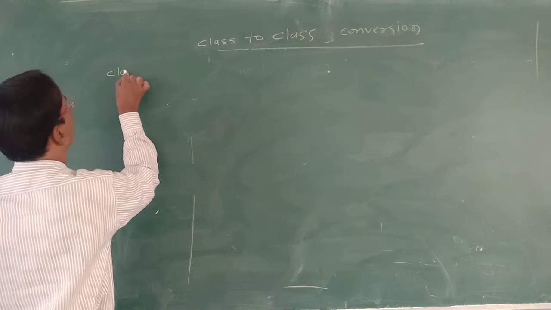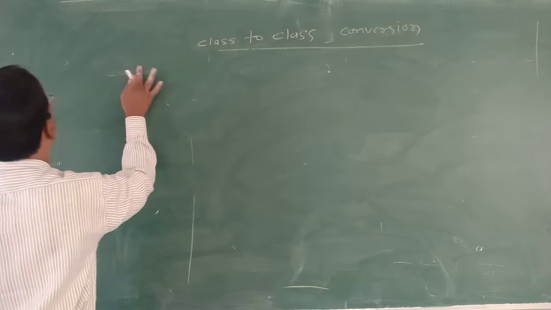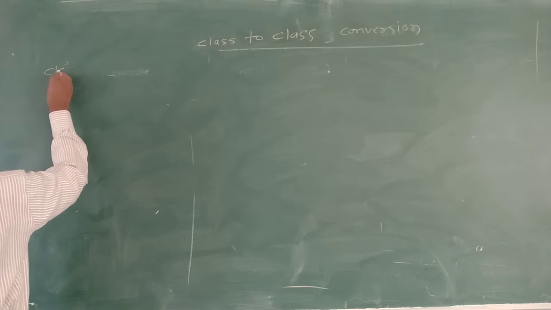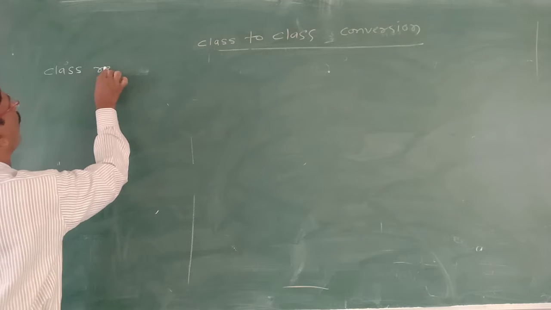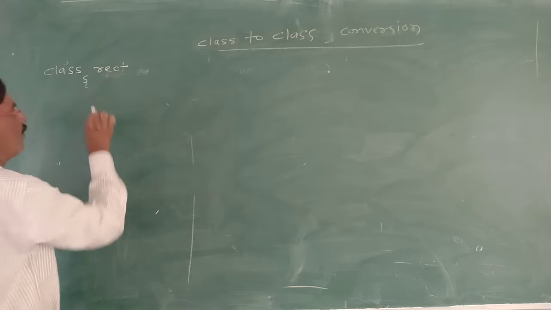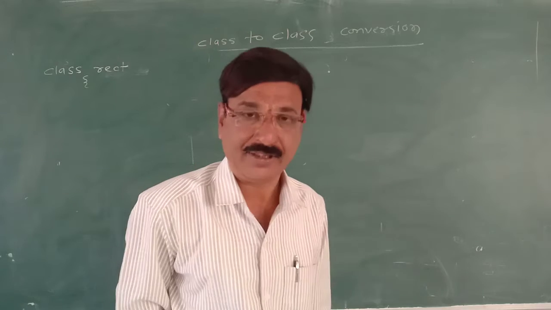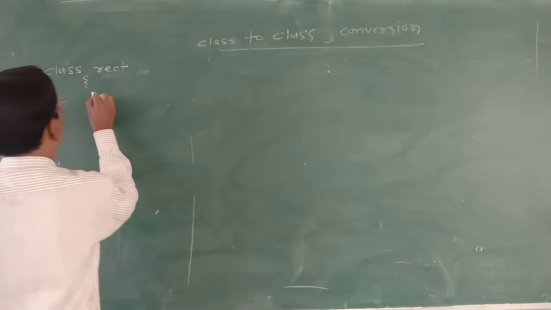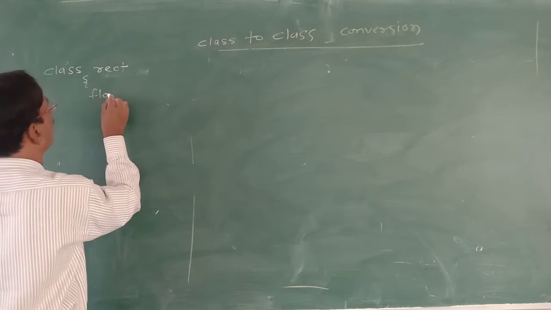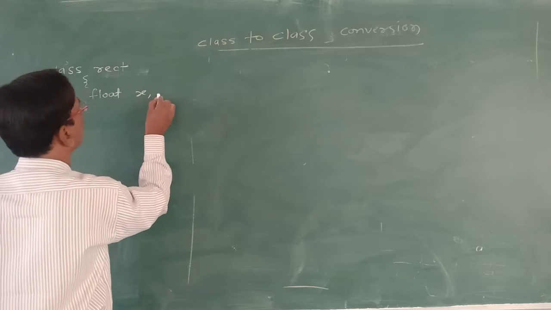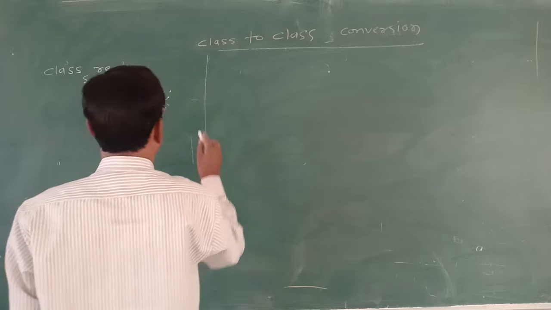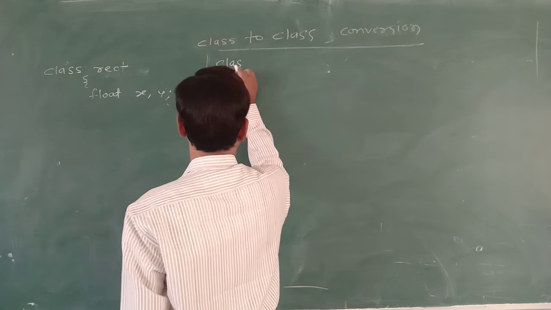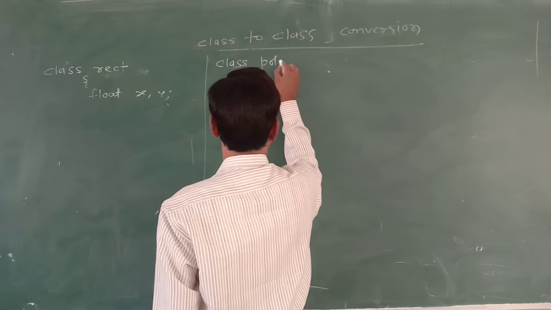Say class rectangular, class rect. Here there are some float values x, y, and there is one more class, polar.